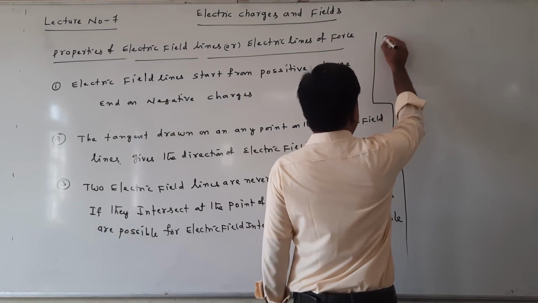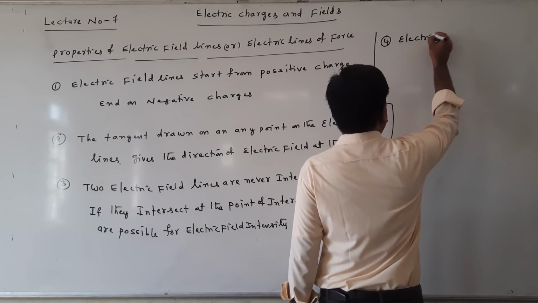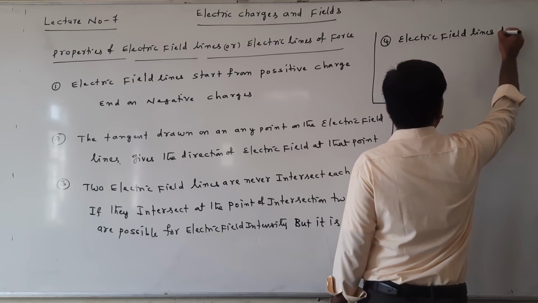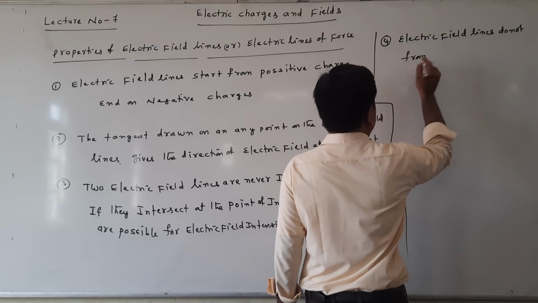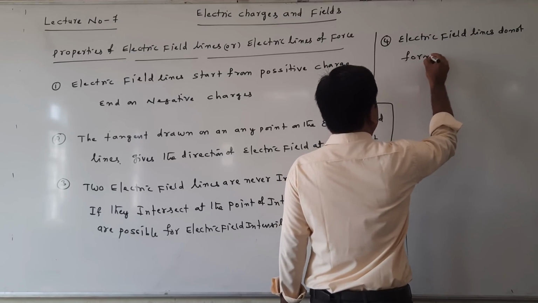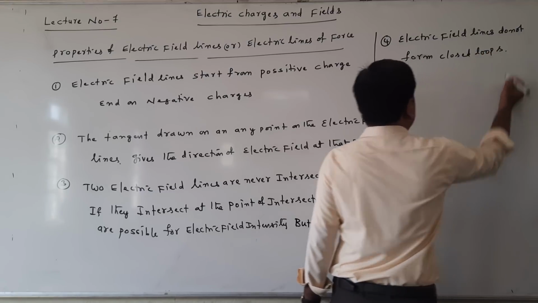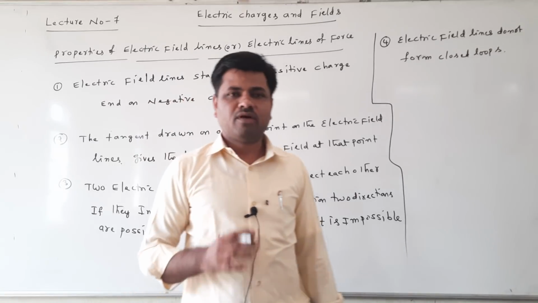Now, the fourth property: electric field lines do not form closed loops. What is the meaning of this?